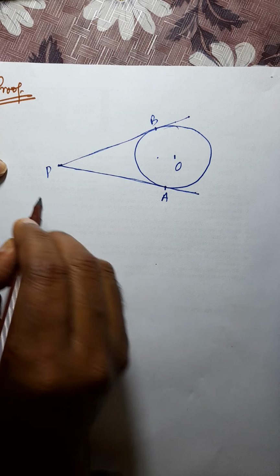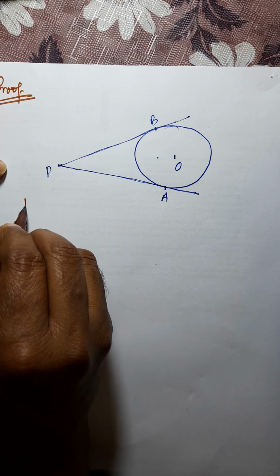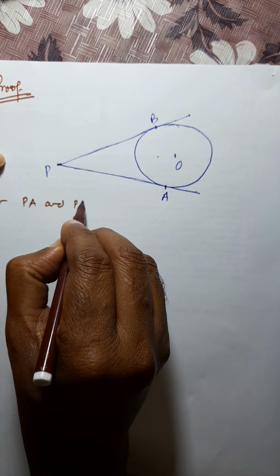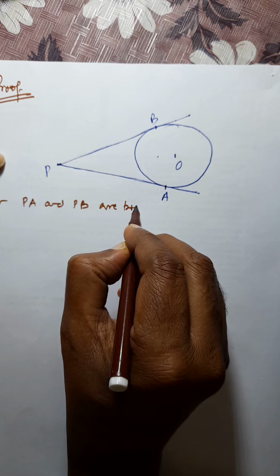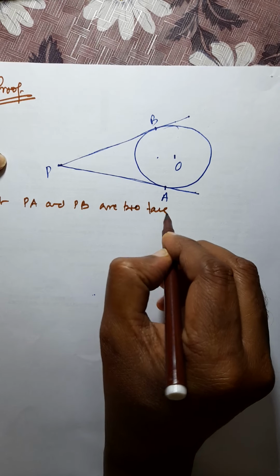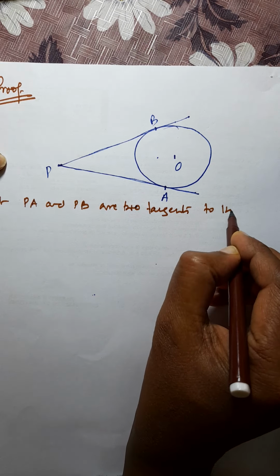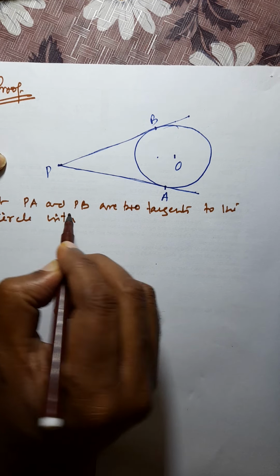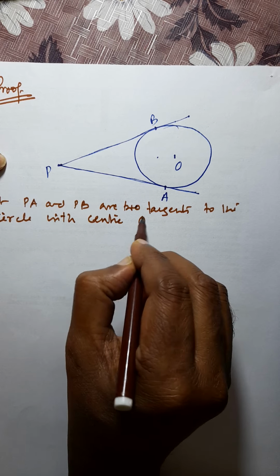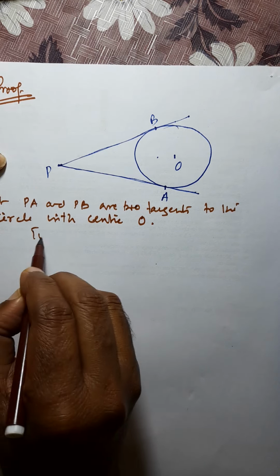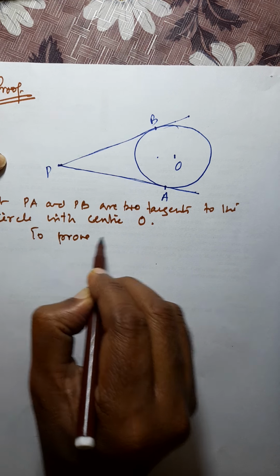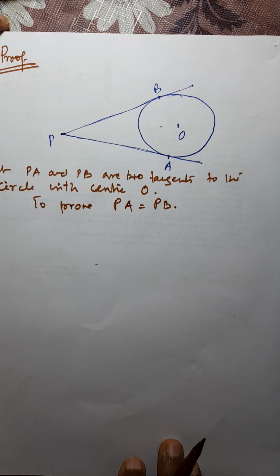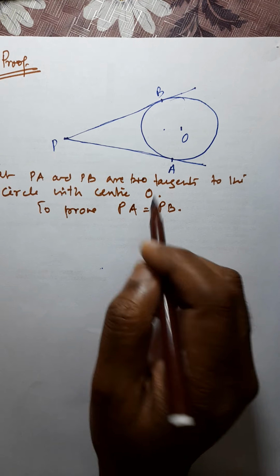So here let PA and PB be two tangents to the circle with center O. To prove PA is equal to PB. Okay, this we need to prove.